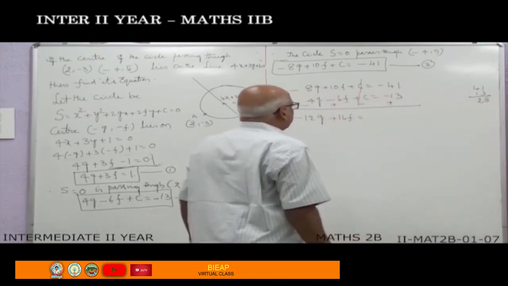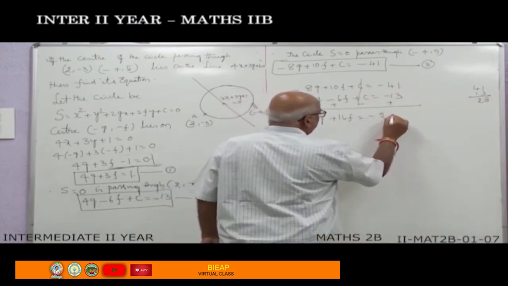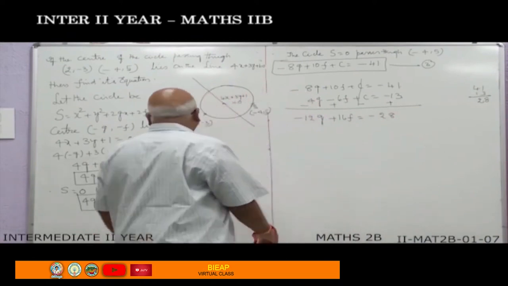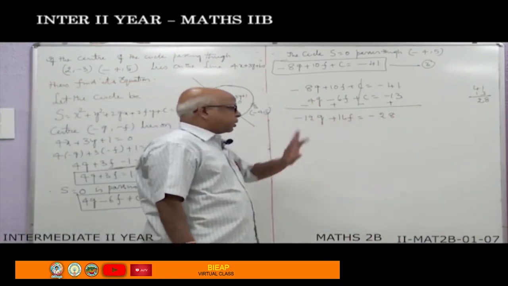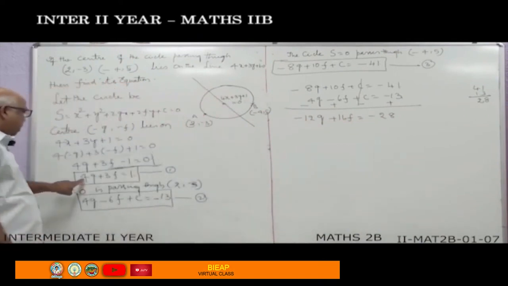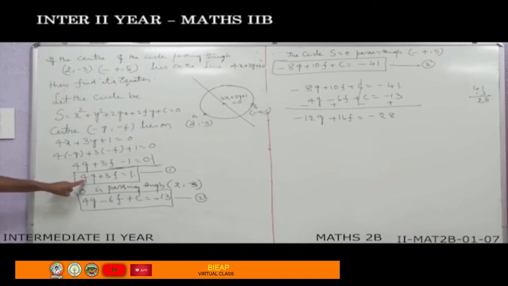28. So it is minus 28. We can cancel 4 from this equation, but in the previous equation, if you observe, we are having 4G.